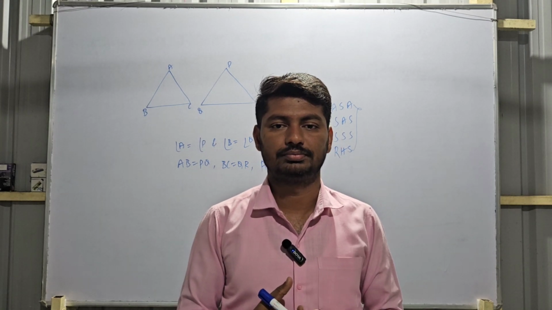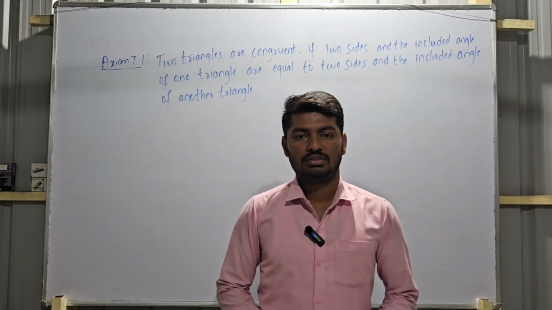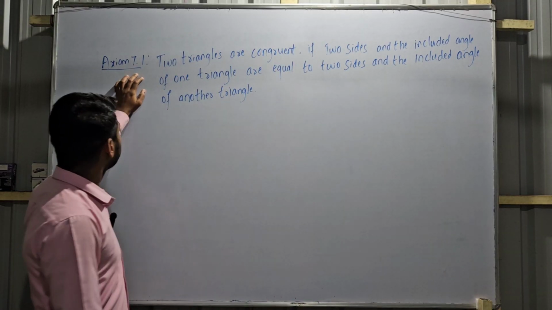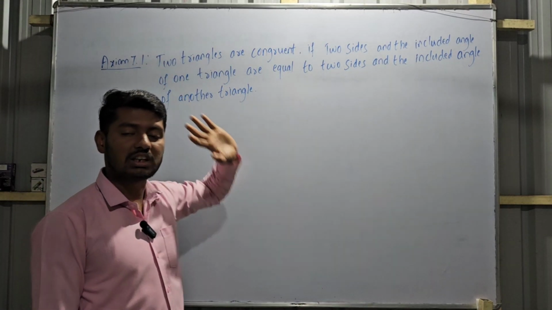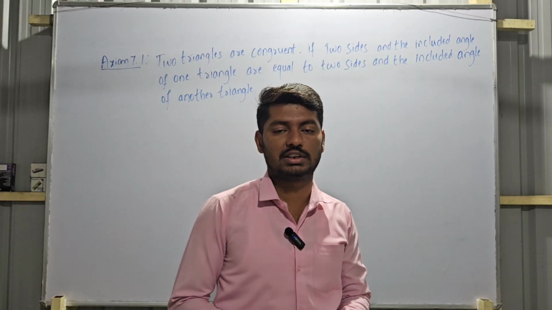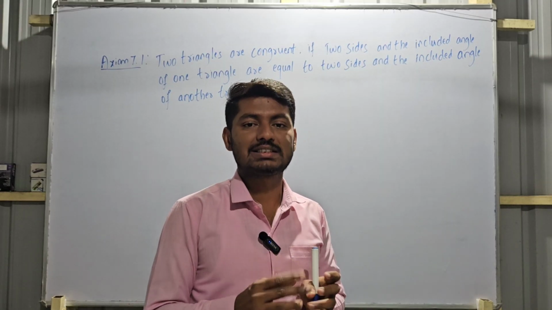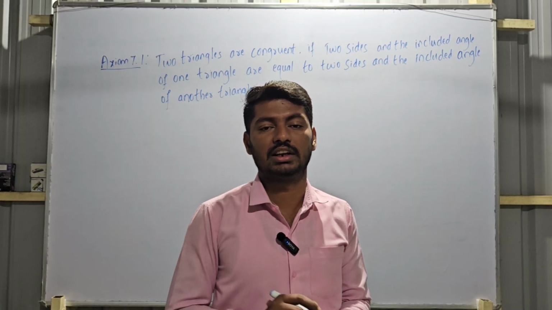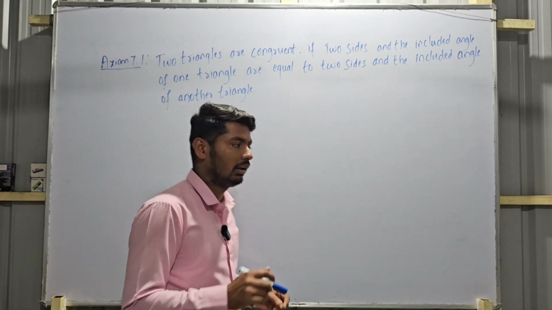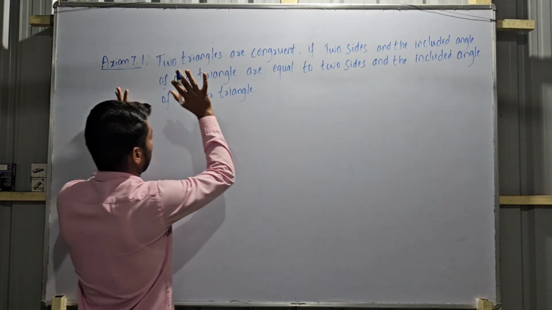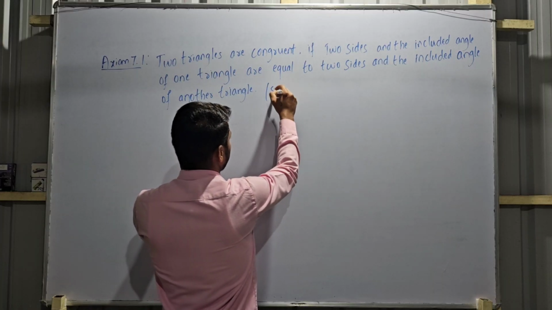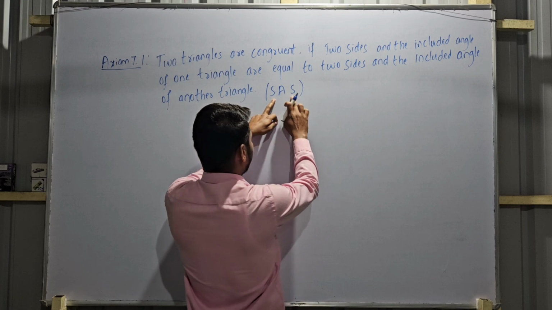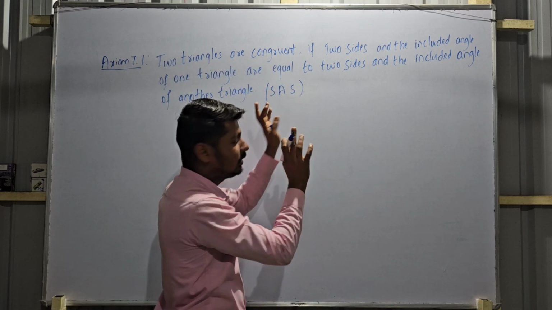Let us discuss the first criterion, that is Axiom 7.1: two triangles are said to be congruent when two sides and the included angle of one triangle are equal to the two sides and the included angle of the other triangle. This criterion is also called SAS, that is side angle side, because we are using two sides.